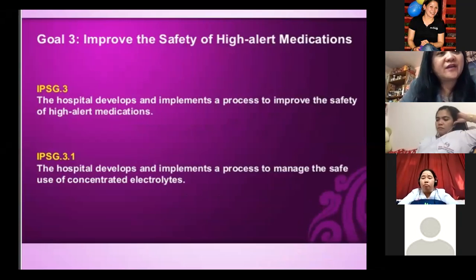Now, to improve safety for high alert medication, for example, the hospital develops and implements a process to improve safety of high alert medication.